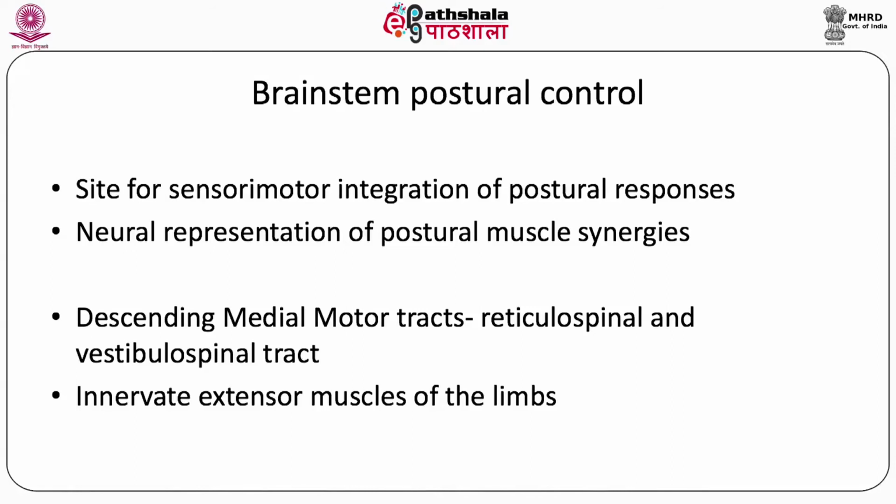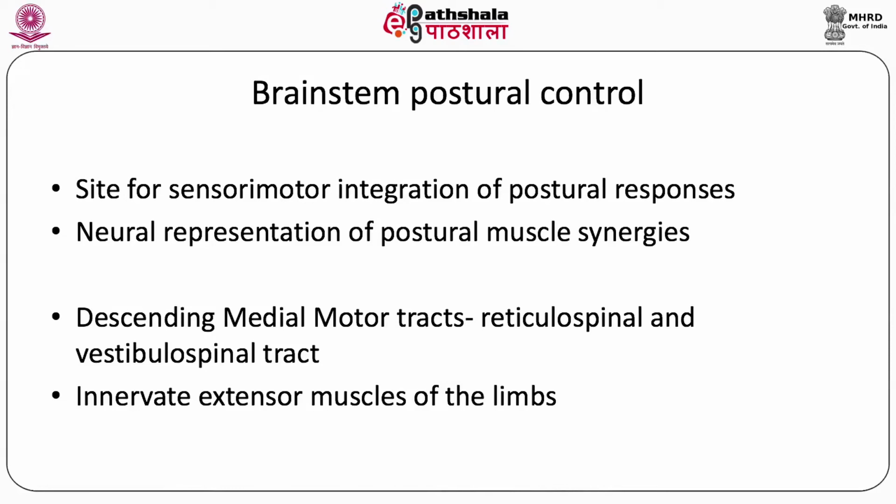The vestibulospinal tract arises from the vestibular nucleus and projects onto the extensor muscles of the upper limb and the lower limb. Now the reticulospinal tract can be divided into two parts, the pontine reticulospinal tract and the medullary reticulospinal tract. The pontine reticulospinal tract is excitatory, the medullary reticulospinal tract is inhibitory.